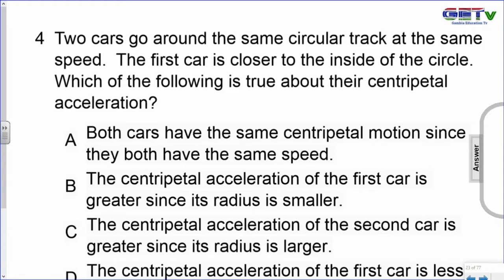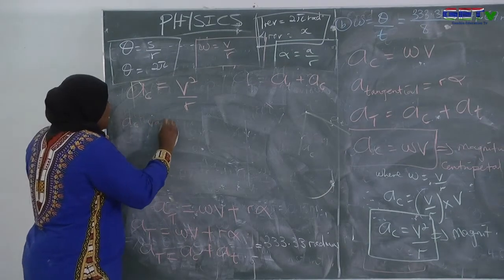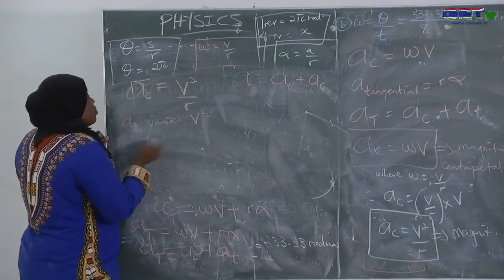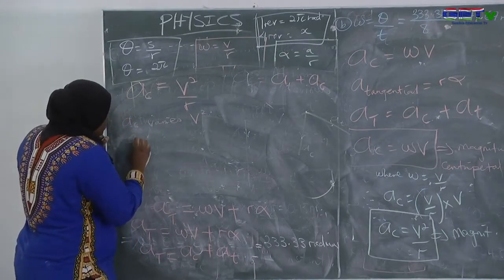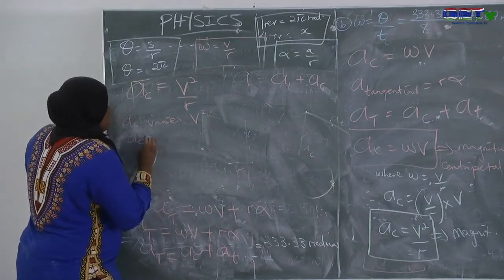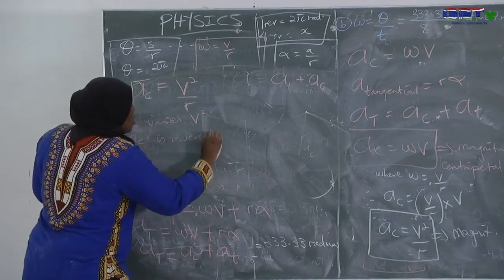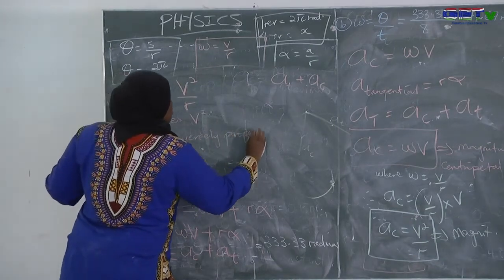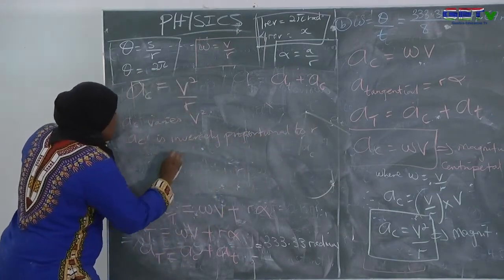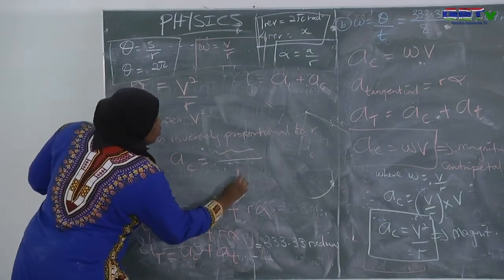And from this equation, we can simply say the centripetal acceleration is directly proportional to v squared, and a_c is inversely proportional to r. That is, a_c is equivalent to something all over r.